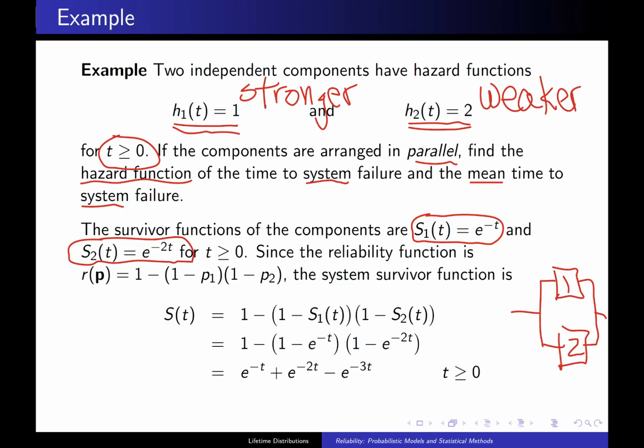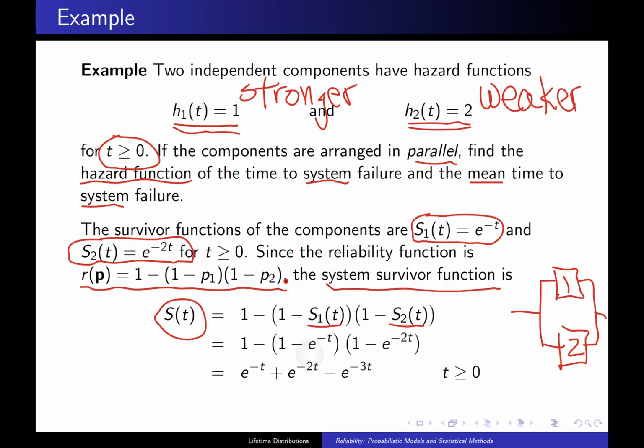Now, for a two-component parallel system, from the previous chapter, from chapter 2, you know that the reliability function is 1 minus the quantity 1 minus P1 times the quantity 1 minus P2. So all you need to do to get the system survivor function is take the reliability function with P1 replaced by S1 of t and P2 replaced by S2 of t.